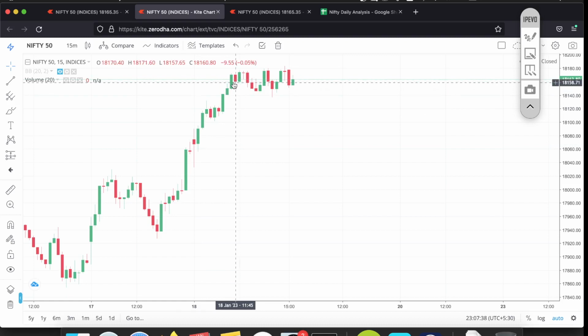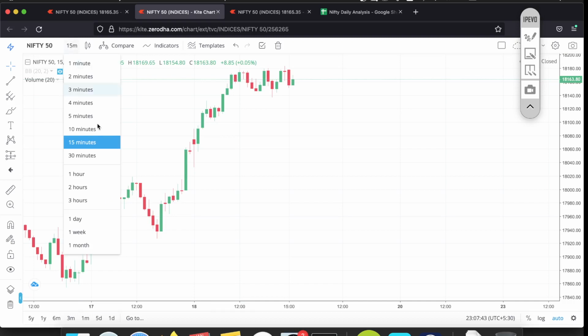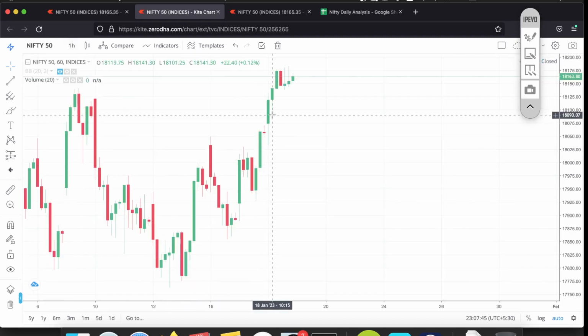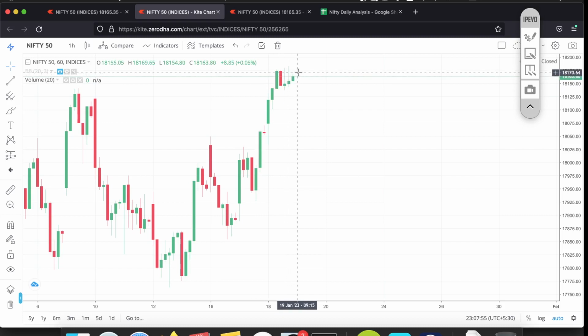And so within the first 2 hours, price climbed up. And during the third hour also, price reached the highs of the day. And after that, the price was in a sideways consolidation mode.